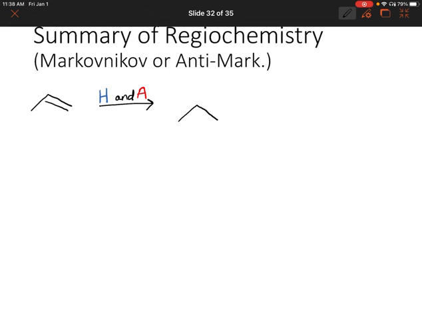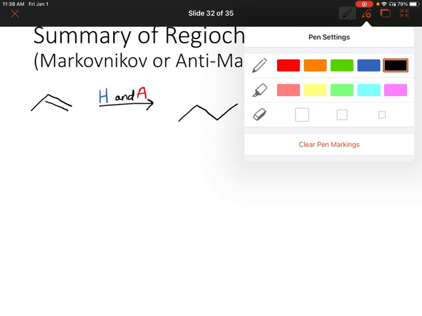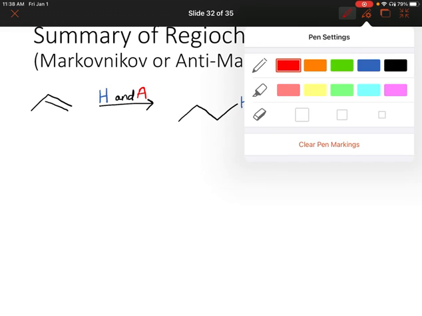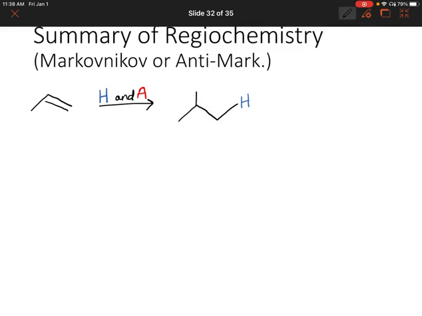So we could end up with the hydrogen on the side with more hydrogens. Oh, forgot to add a bond here. And then the A, whatever that is, will add to the side that's more substituted.